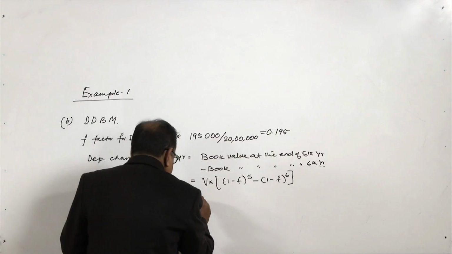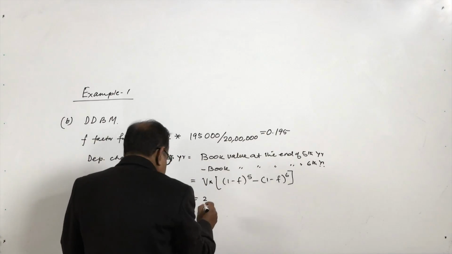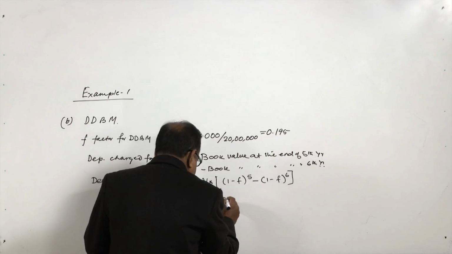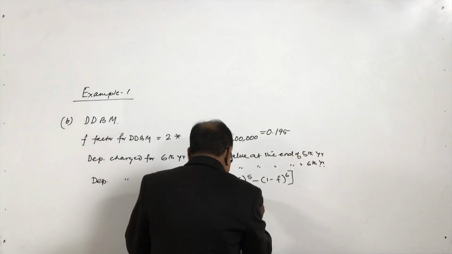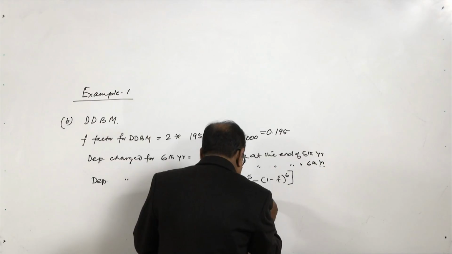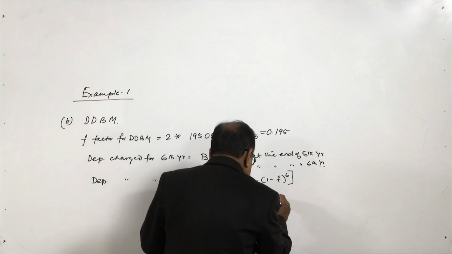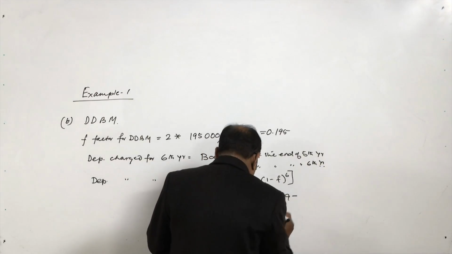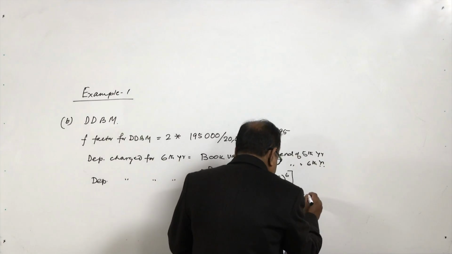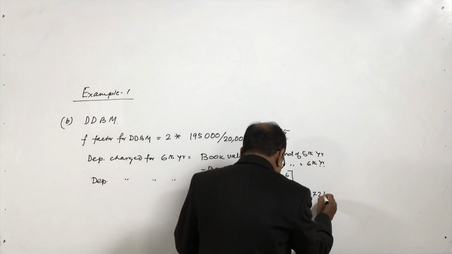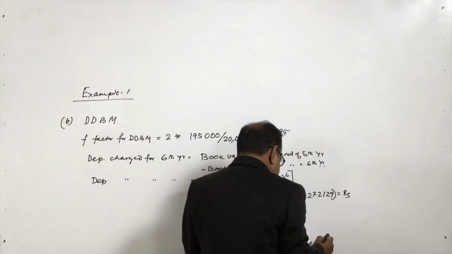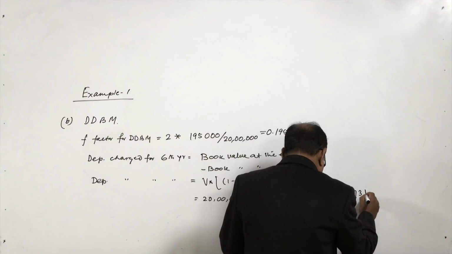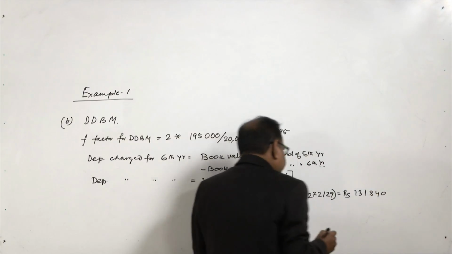This is equal to 20 lakhs into 0.338049 minus 0.272129, which is equal to rupees 131840.